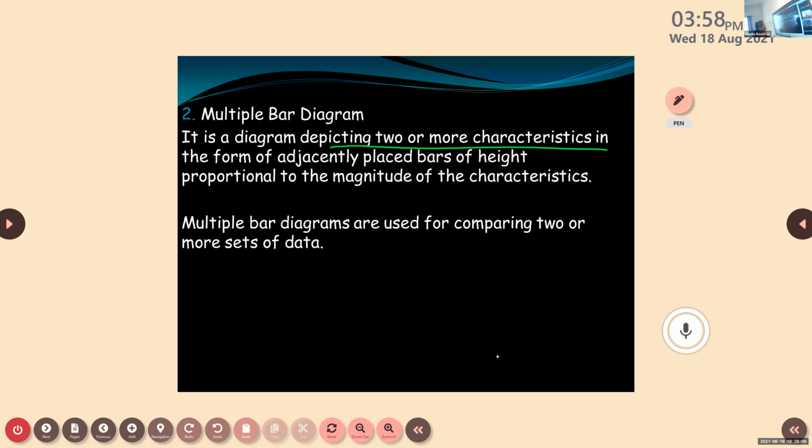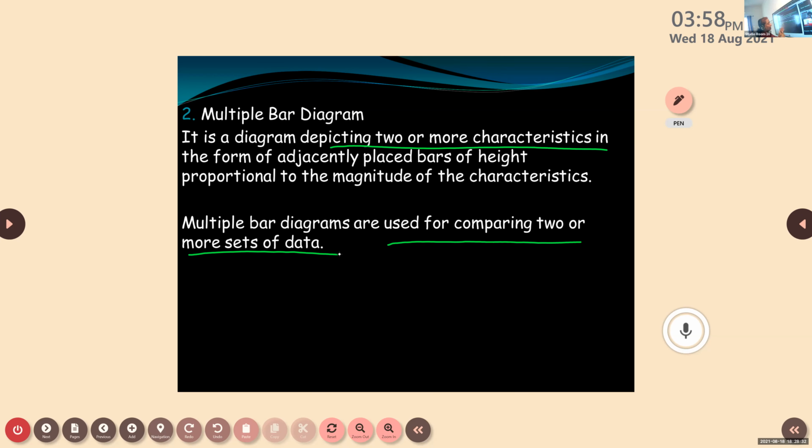So why are we making this particular kind of diagram? It is mainly for comparing two or more sets of data. So we are depicting two or more variables or two or more characteristics. How are we showing? It will be adjacently placed.